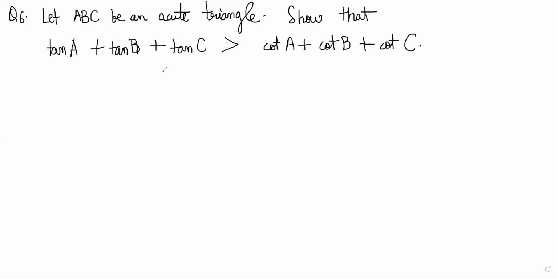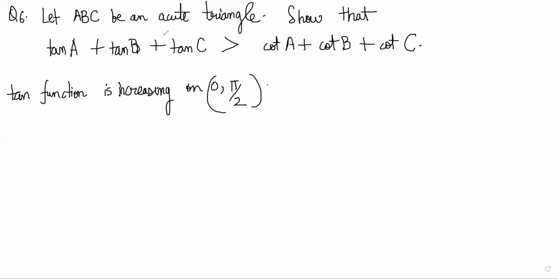However, you need to realize certain things. You need to realize that the tan function is increasing, or is monotonic, on the 0 to pi by 2 interval, right? And since it is an acute triangle, all the angles of the triangle are less than pi by 2. Therefore, we can say C is greater than 0 and C is less than pi by 2.